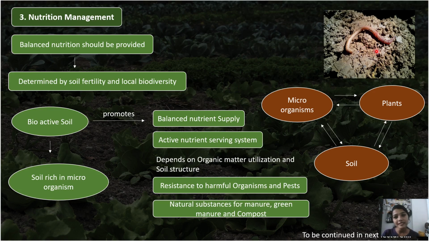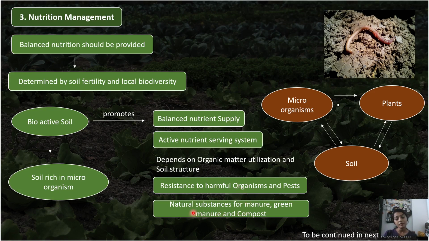But when you use chemicals, these insects and microorganisms die, and your soil becomes sterile instead of fertile. Such bioactive soil, which is rich in microorganisms, is resistant to harmful organisms and pests. This type of soil will also have microorganisms that will live upon harmful organisms, and they will be removed.